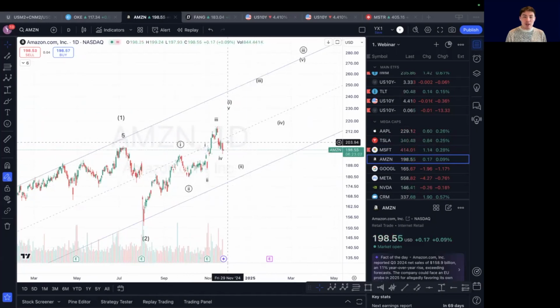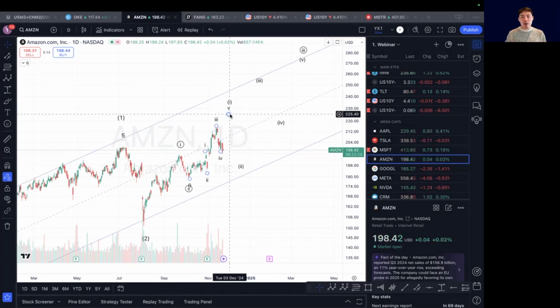Next up, Amazon. I think we are seeing a wave 4 correction here, which is still above the wave 1 I've marked earlier. And I think the next move up should be a move higher to 230. The way to think about Amazon is that it's basically two businesses. One is retailing, selling products online and in physical stores. The other business is essentially AWS, which has a different valuation multiple to the e-commerce side.